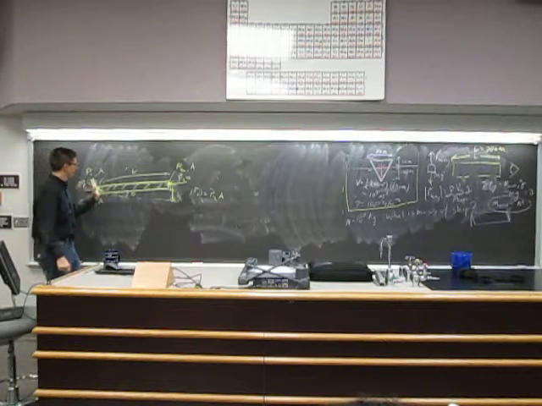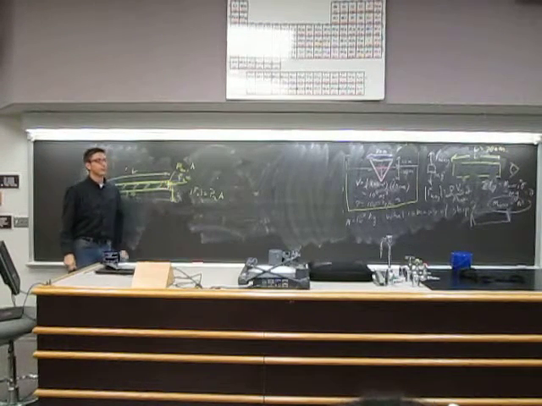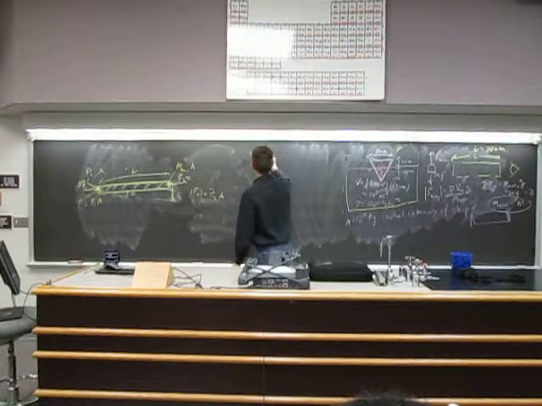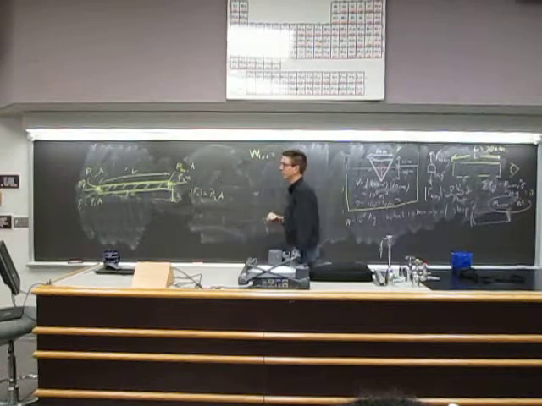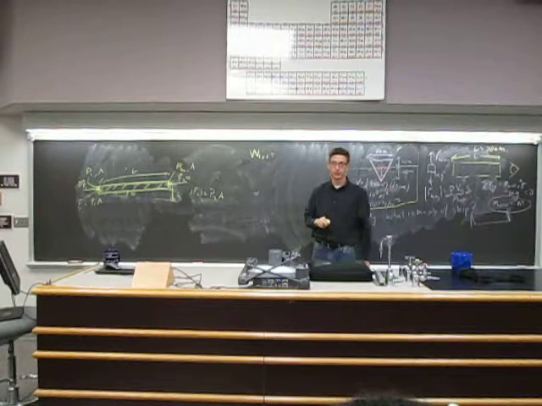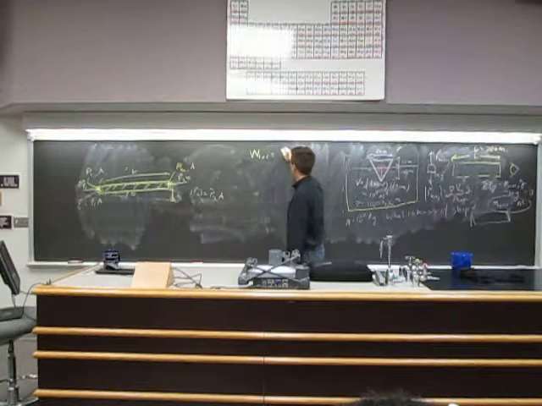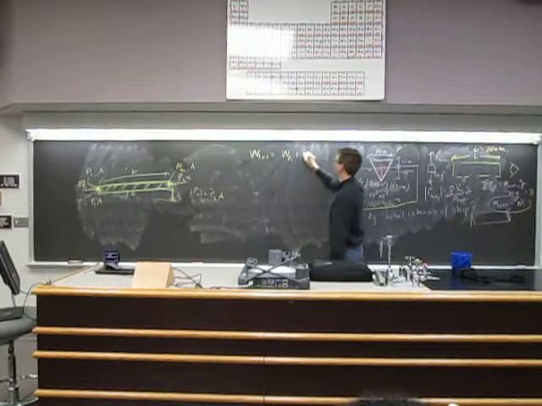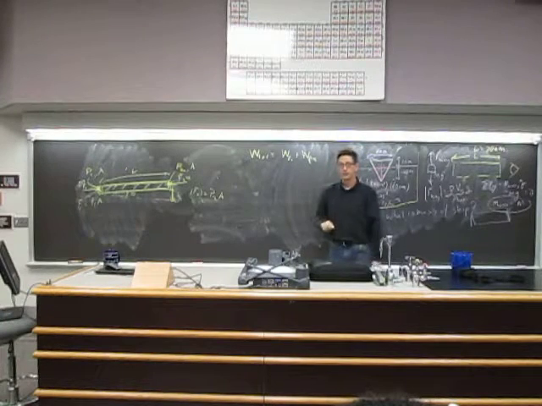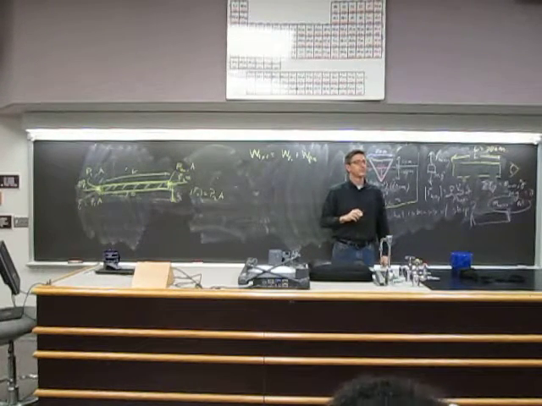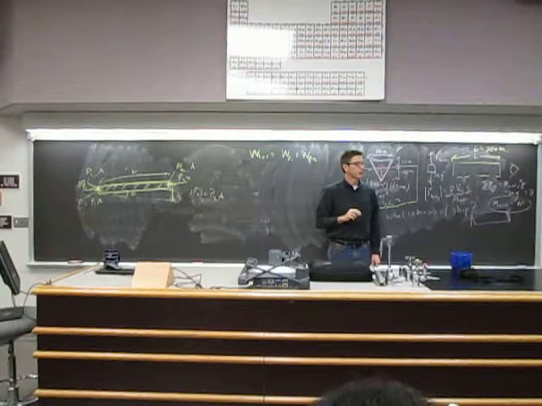So the total work done by pressures, work total, is going to be the work done by the pressures on the edge of the fluid, which is the work due to P1 plus work due to P2. And then since it's in principle also going uphill, there's also work done by gravity.